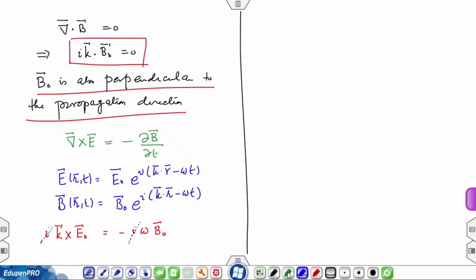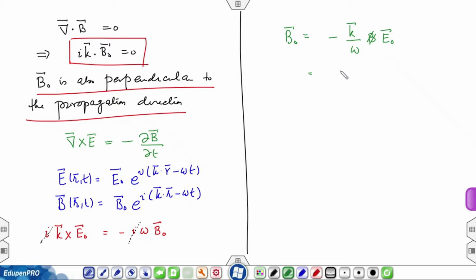B0 vector equals minus k vector over ω E0. k is the propagation direction, and |k|/ω is 1/c.